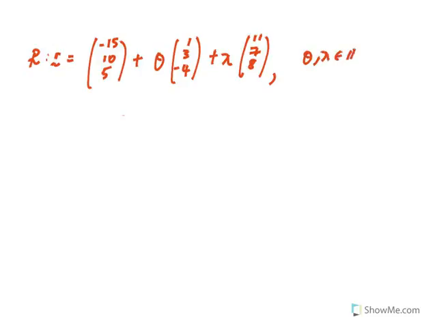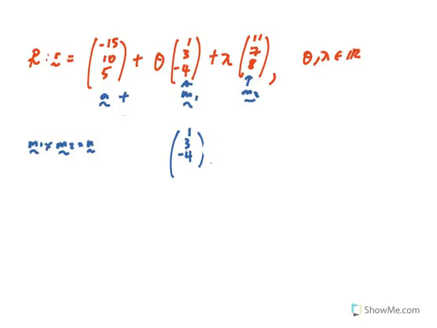Back to your lecture question, if you are going to find a normal vector, this is like your M1, and this is like your M2. So to find a normal vector N, we just take M1 times M2. That will give us our normal vector. That's the idea behind it. So with that, we just take 1, 3, negative 4.